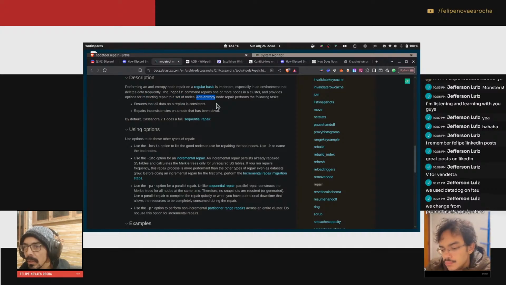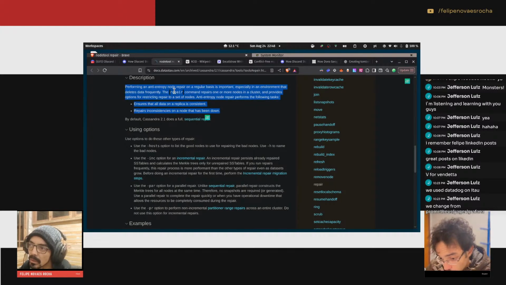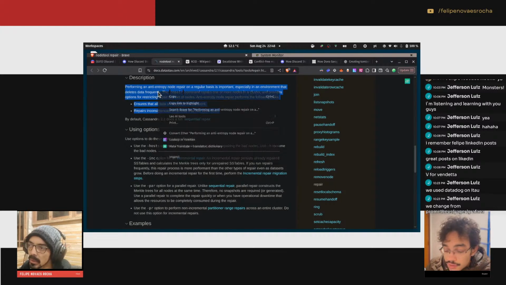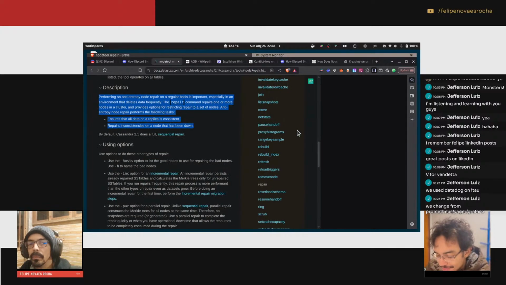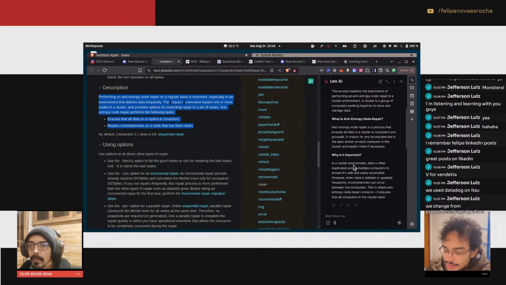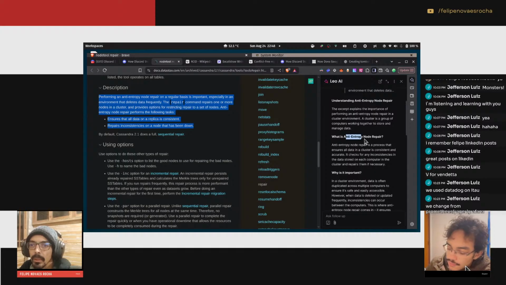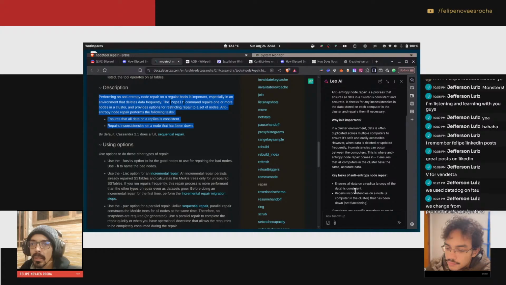Anti-entropy node repair performs the following tasks: ensures that all data on replicas is consistent, and repairs inconsistencies on a node that has been down. Why do they call it anti-entropy? Yes, I mean with the wording. What is anti-entropy node repair? Anti-entropy node repair is a process that ensures... Okay, let's understand why they call it anti-entropy.